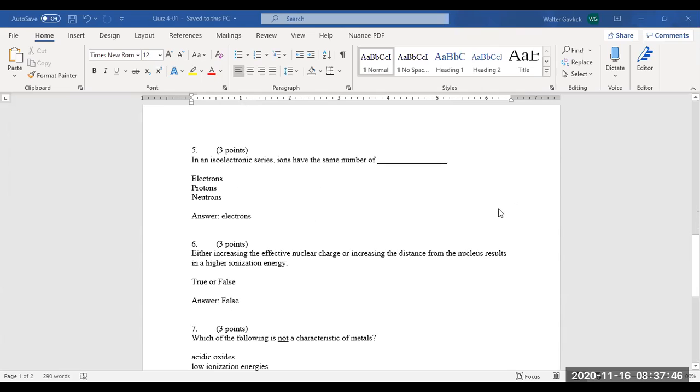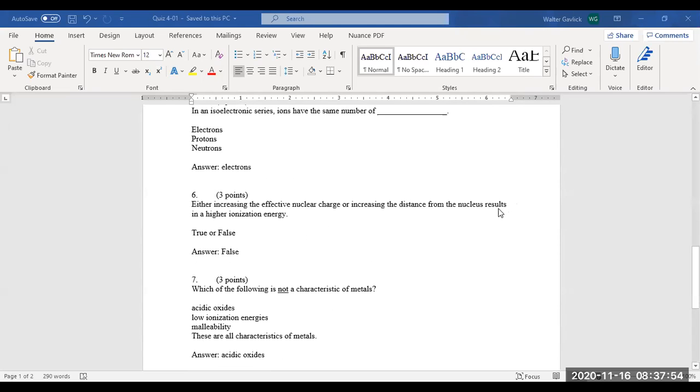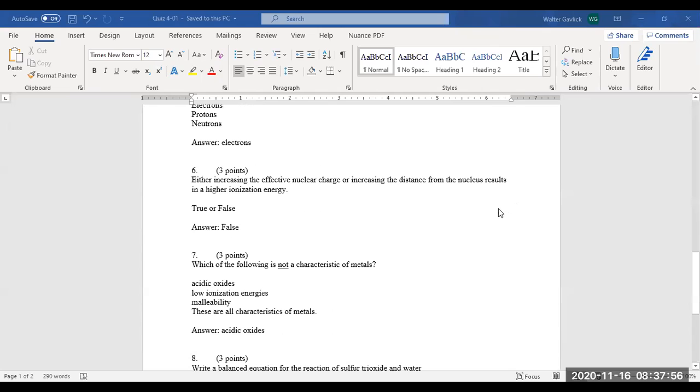Number 5, in an isoelectronic series, ions have the same number, and the answer for that is electrons. Number 6, either increasing the effective nuclear charge or increasing the distance from the nucleus results in a higher ionization energy. That's false.